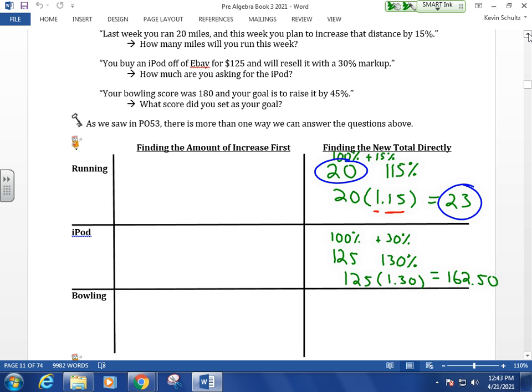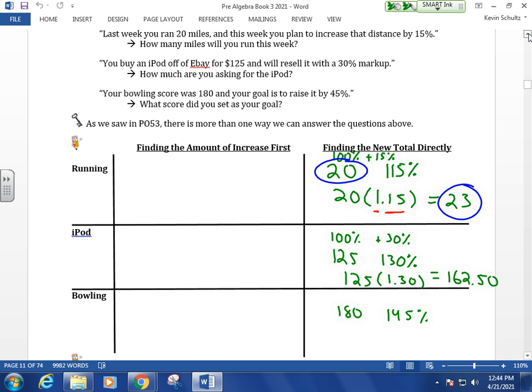Finally, the bowling score. Our score is 180. That represents our 100%. Okay? And we want to raise that by 45%. So we're going to look to multiply this by 145%. We want 145% of 180.